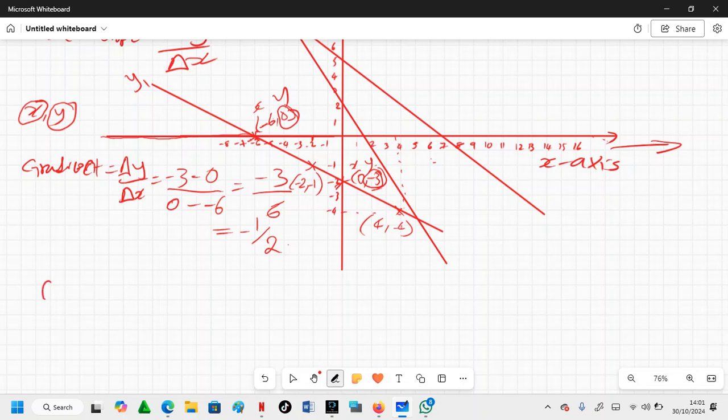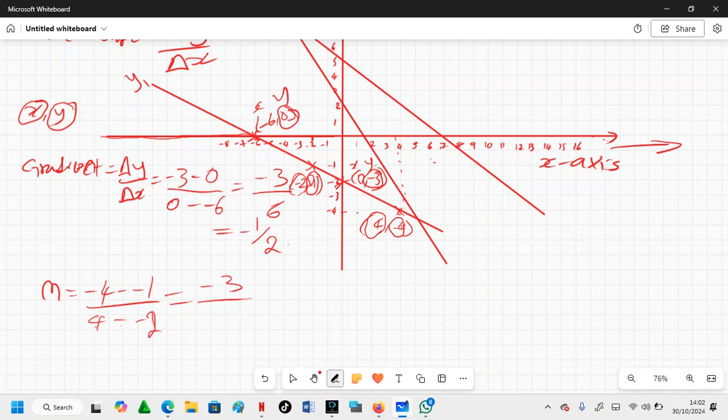The gradient, let's call it m this time, is still the change in y, and in this case this y is -4 and this y is -1, so it is -4 minus -1 over this x, 4 minus the x, which is -2.